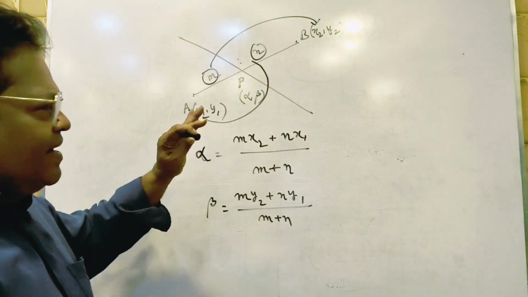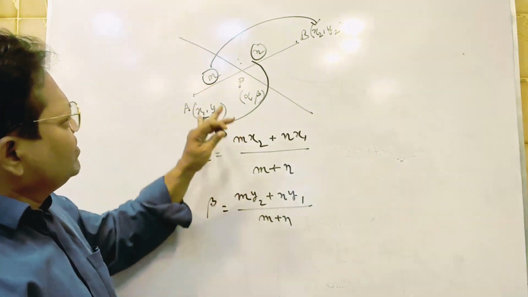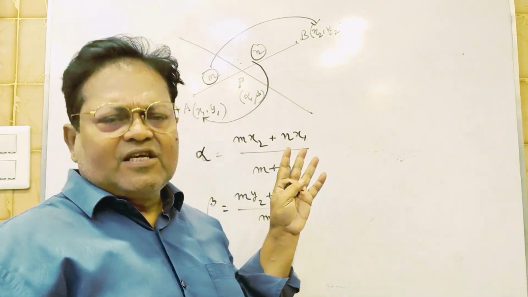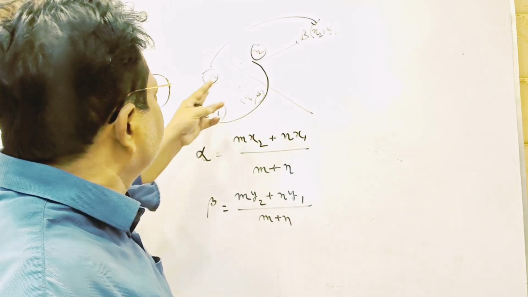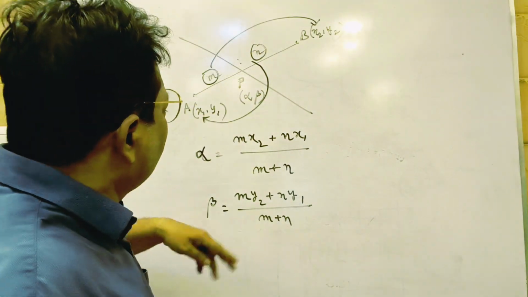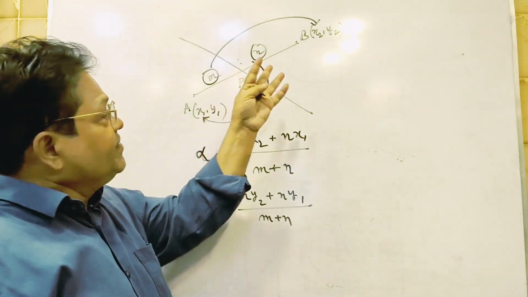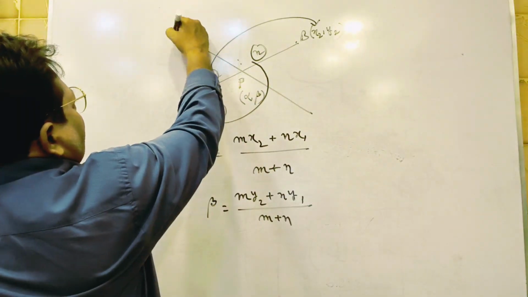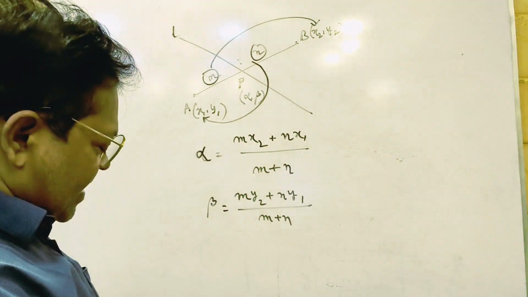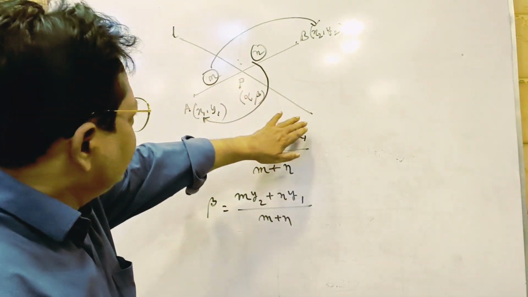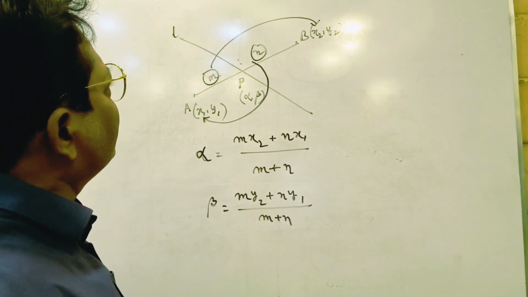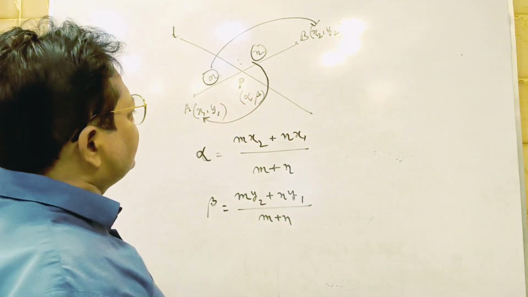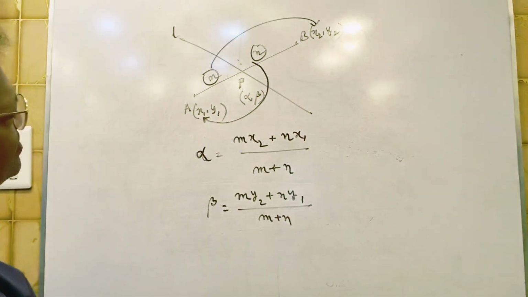This is the basic idea of how you will find the coordinates of the point of intersection on the line whose 2 points' coordinates have been given. And how will we find the coordinates if, suppose this is a line L, when this line L intersects internally, but it may also occur externally.